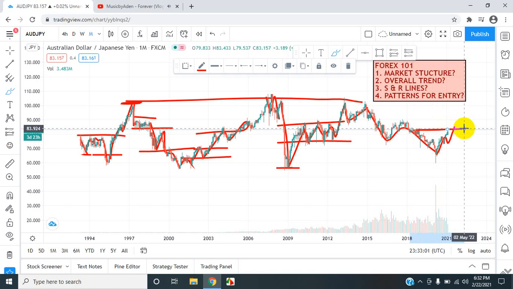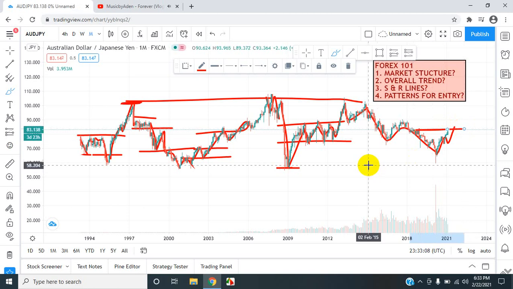So that's market structure. We're going to walk over to number 2 and identify our overall trend in the market.